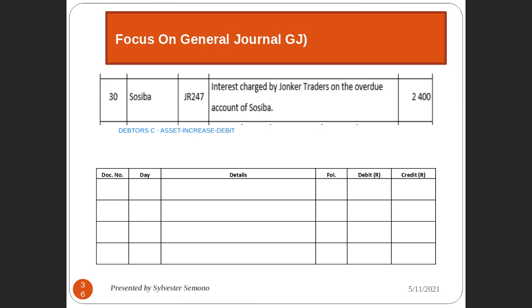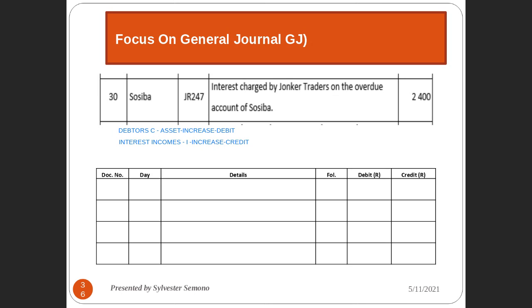Okay, let us control, and the other one is the interest income. The interest income, as it explains itself, is an income, and incomes are an increase on the credit side. Can you see here? It's like we're also revising the account equation.